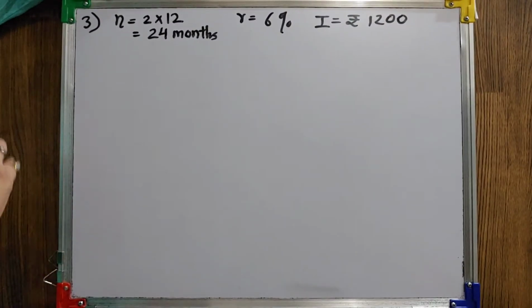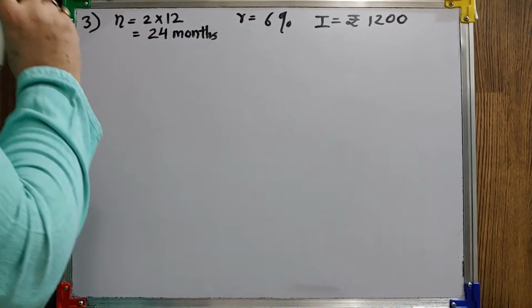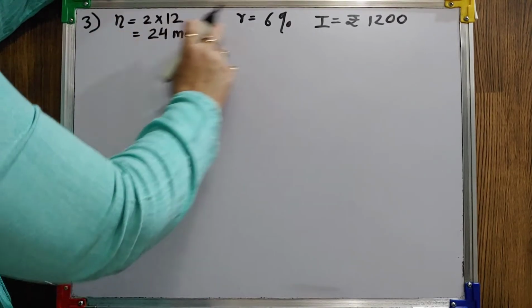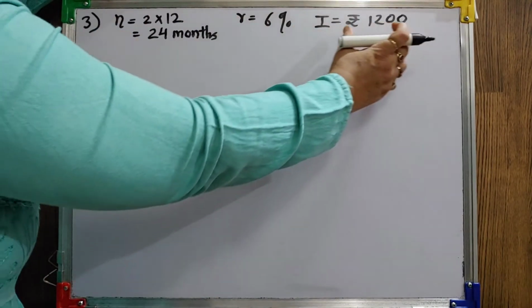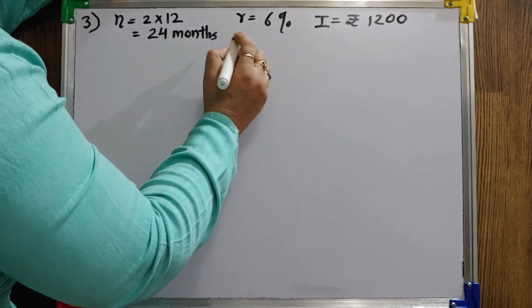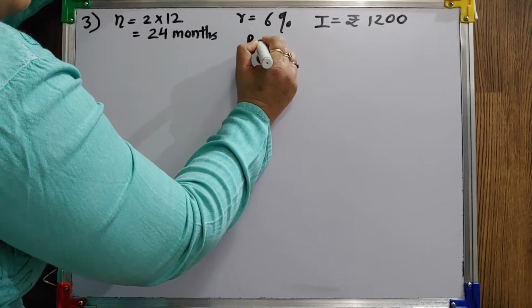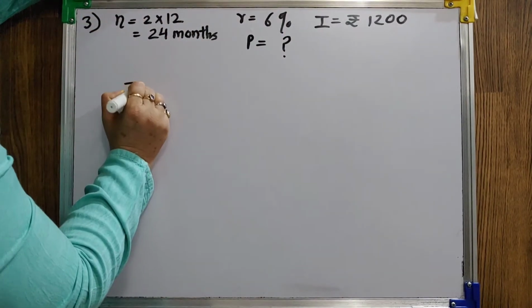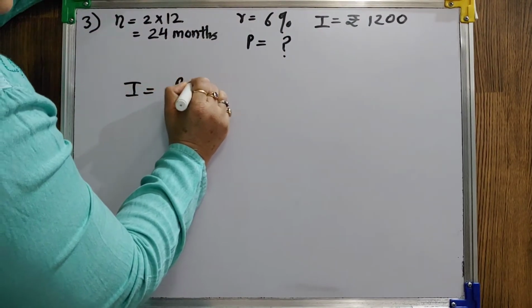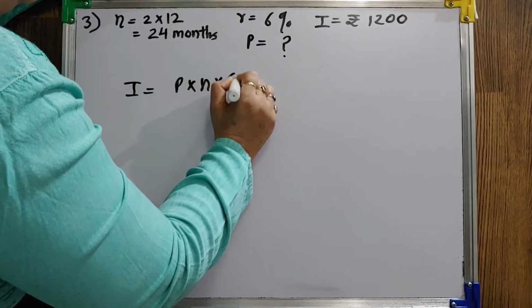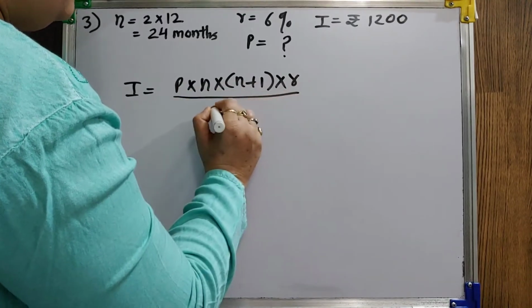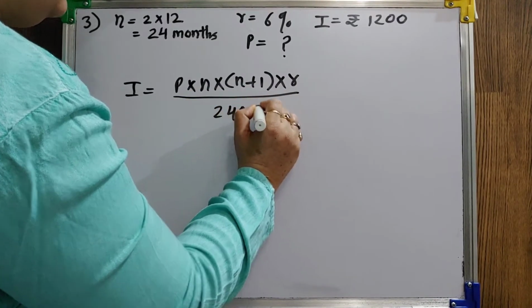Now, next one. Now I am depositing a certain amount for 2 years, that means for 24 months at 6%, and I am getting 1,200 as interest. So I have to calculate the monthly installment. Now, you know the interest formula: P into (N plus 1) into R whole upon 2,400.